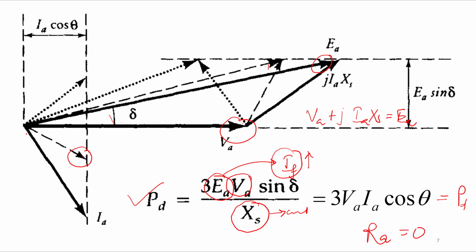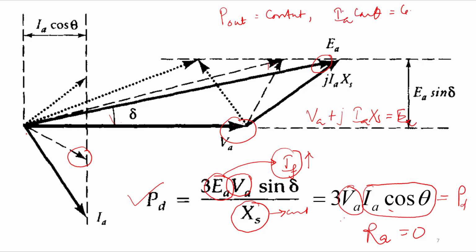Similarly, from this figure we can see that as your output is constant and VA is constant, IA cos theta will also remain constant. As your P out is constant and your VA is constant, therefore your IA cos theta will be constant.